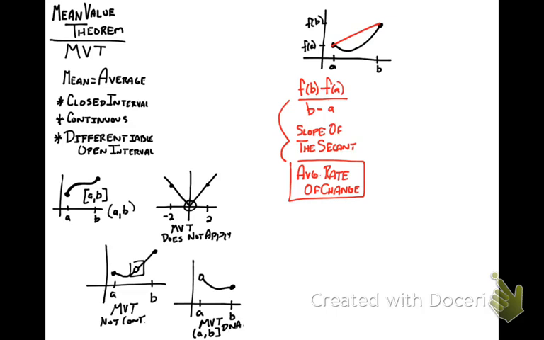Now, the other thing that's true, and I'll do this part in blue, is that there is a tangent line somewhere on this interval from A to B. It looks like it might be about here, that is parallel to our secant line.